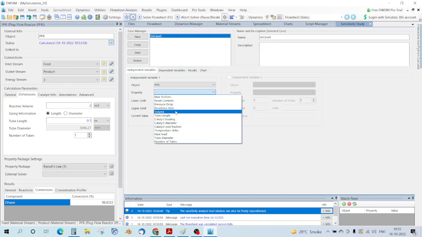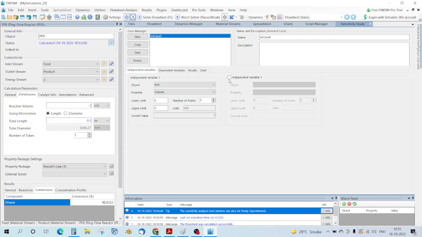So I can change my volume. Where is the volume? This thing. And I can also change my tube length. Then we need to take some lower limits. Don't take it 0, because volume cannot be 0, right? Let it be like 0.01, or let's say 0.1.